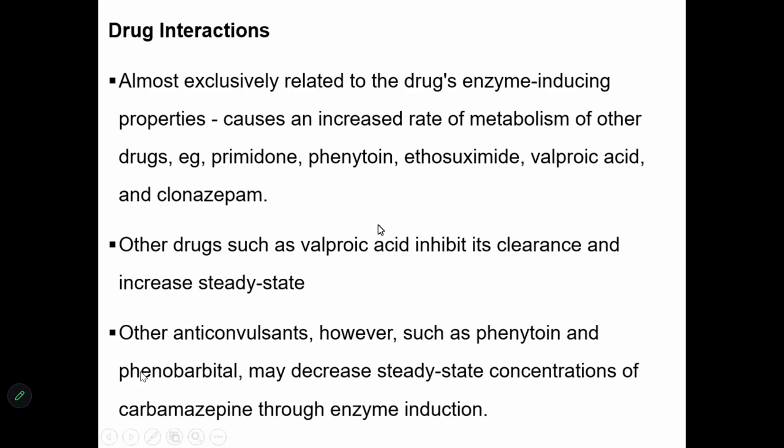So please mark that clearly, because you are going to get patients who are on multiple drugs. When you give carbamazepine together with phenobarbital or phenytoin, you must be rest assured that the steady states will decrease. That means they will reach the steady states very early.